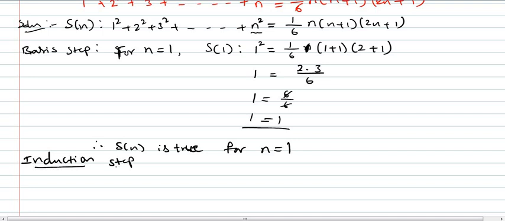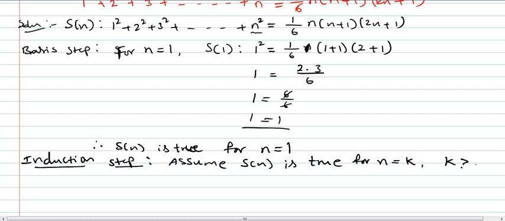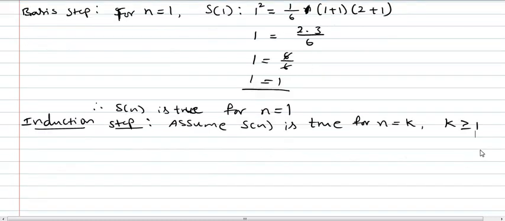Induction step. Here what do we do? We assume S of n is true for n is equal to k, where k is greater than or equal to 1, a positive integer.